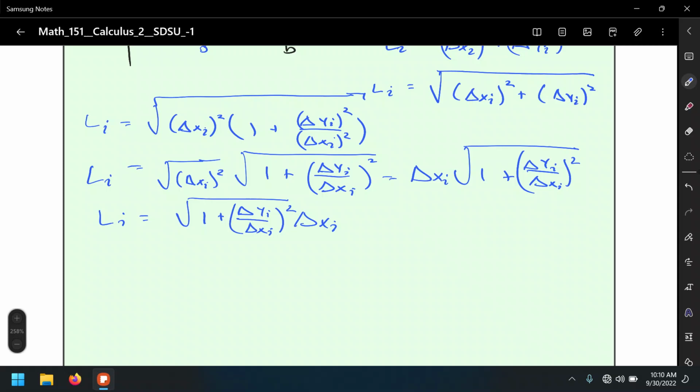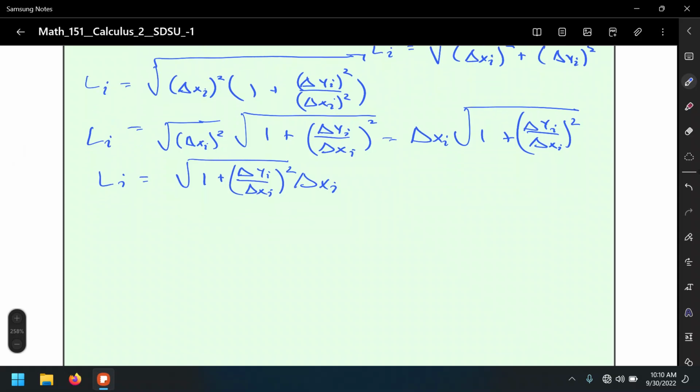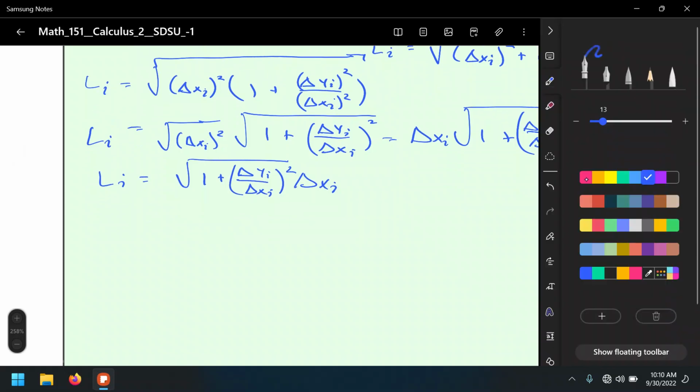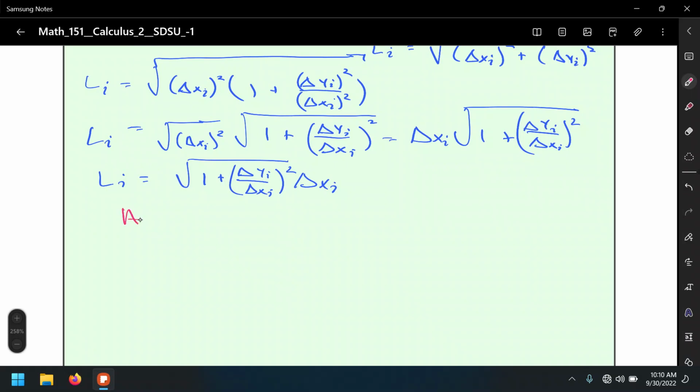We need to find all of this by adding infinitely many of those. So in this case, let's add infinitely many of this length.